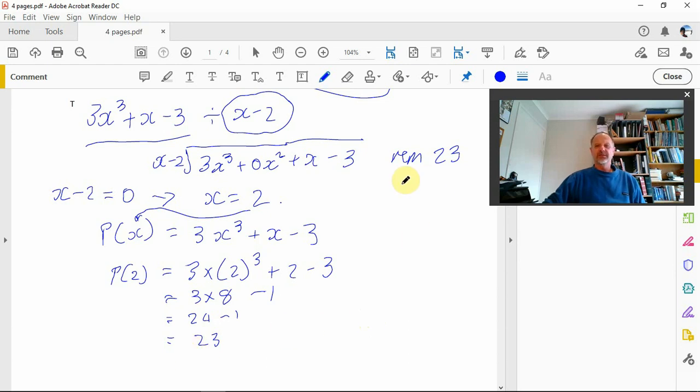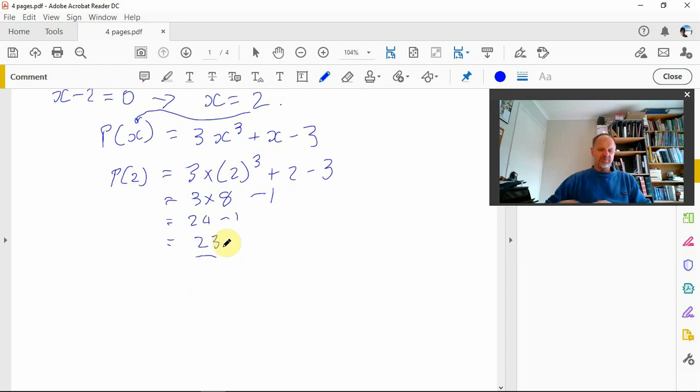All right, so here when we did our long division or synthetic division, we got a remainder of 23. And here, when we put x equals 2 in, which is related to what we're dividing by, we get a number of 23. So those two things are the same.